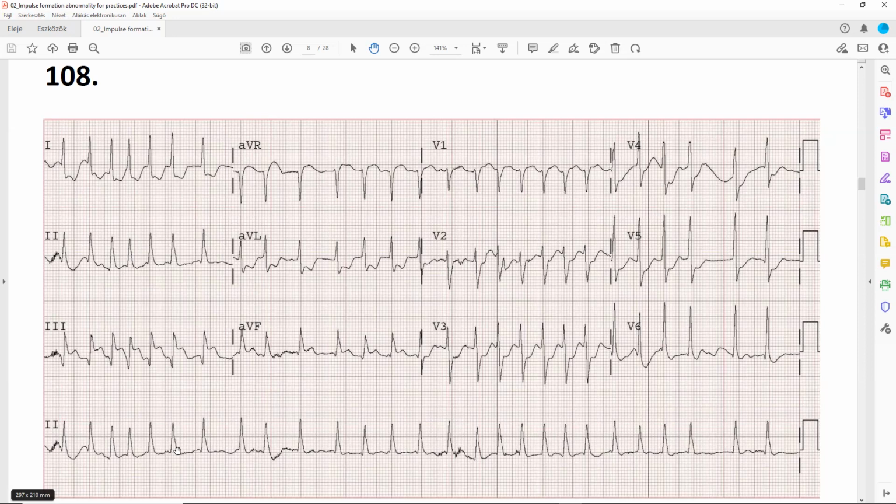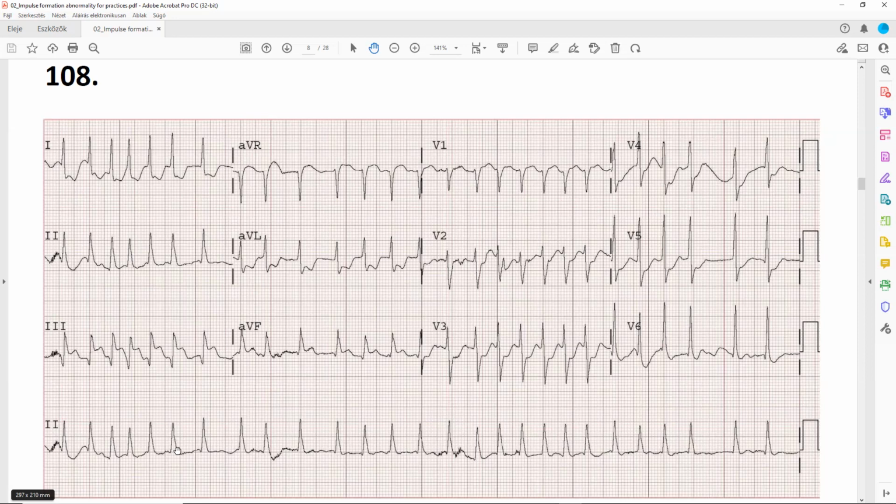For the axis, lead 1 is positive, and AVF is also positive, so this is in the normal range, from 0 to 90. AVL looks equiphasic, so it can be around 60. It's fine.